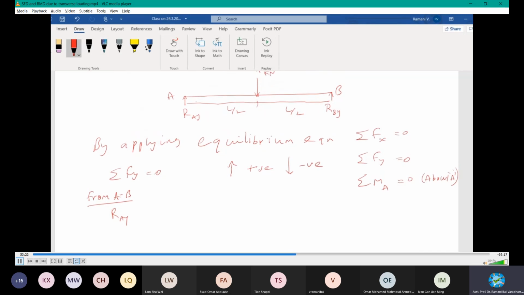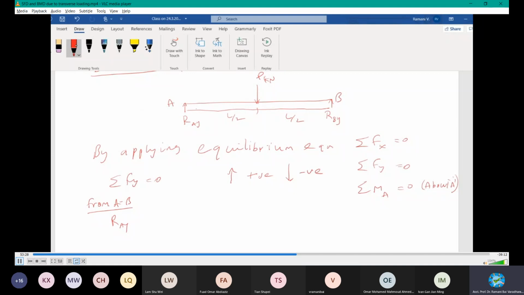Accordingly, RAY is positive, and then downward P is negative, and at the last is RBY, which is upward, again positive. RAY minus P plus RBY should be equal to 0.